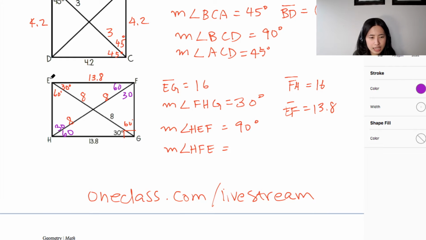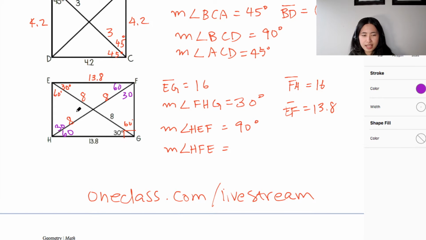If you look at, let's say, triangle HEF, if you recall, you have your special triangles, which is the 30, 60, 90. So if you know that this is 90 degrees, which will comprise your right angle. Now, if this was 30 and this was also 30, right?